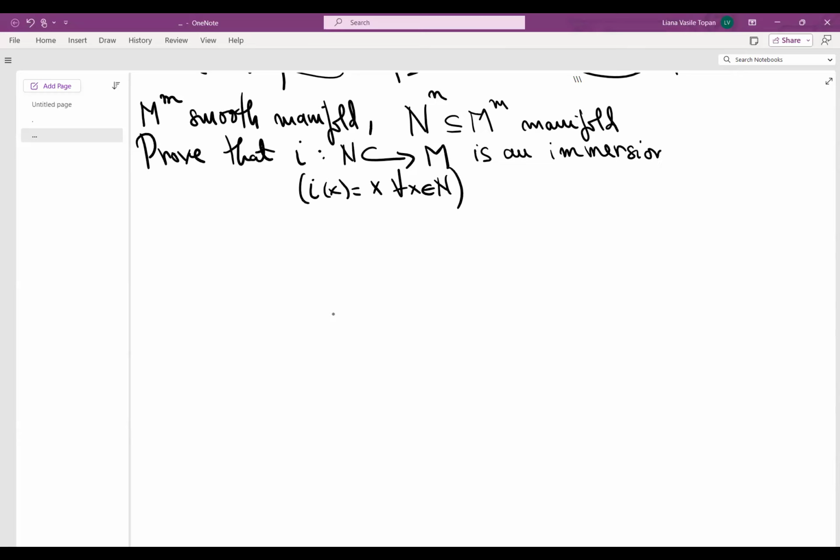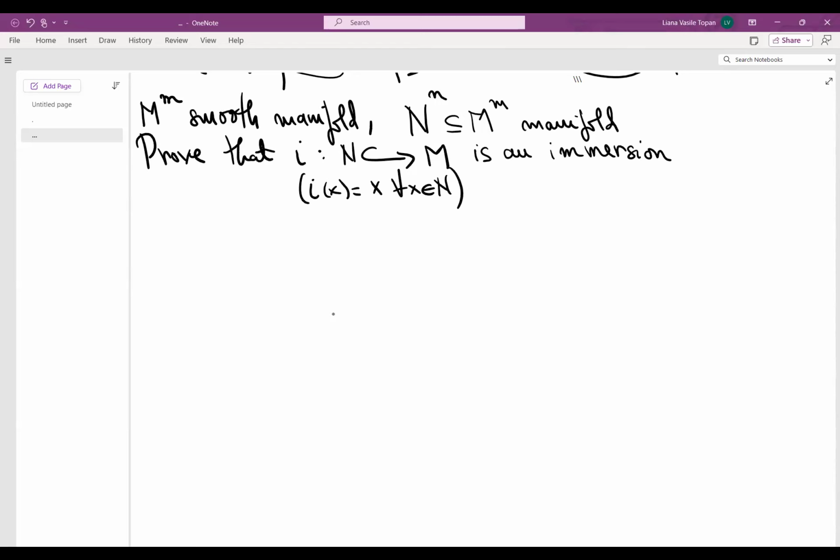So we have an example where we calculate the rank. All right, so let's see this for an arbitrary manifold. You see, this inclusion is an application between manifolds. So when you compute the rank of i, we need to come down to local representations.